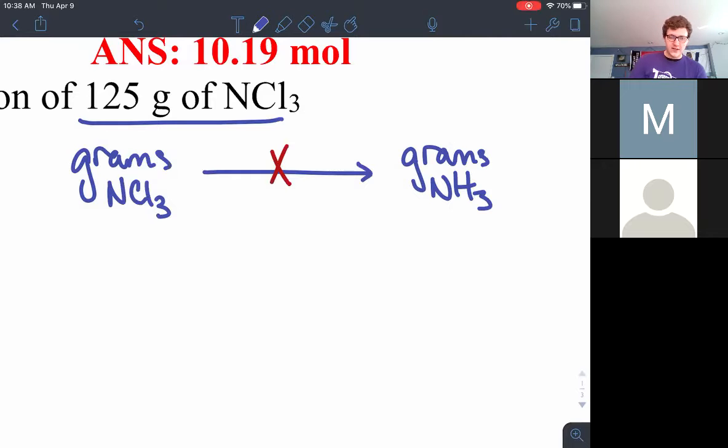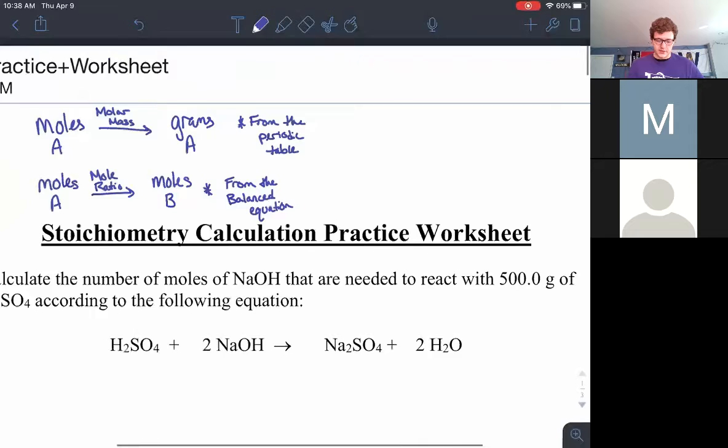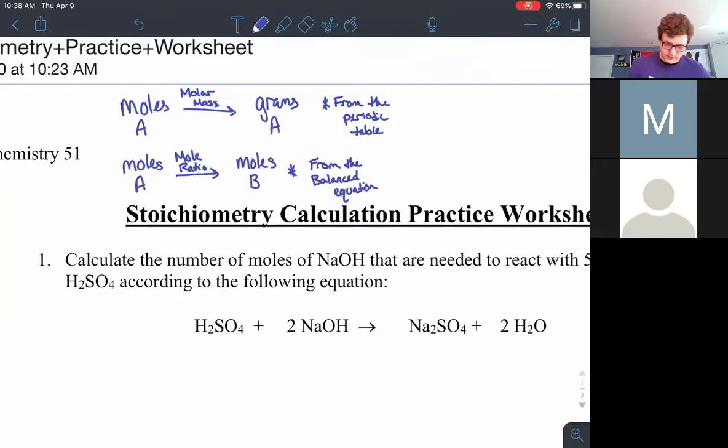So our first step is to go from grams of NCl3. What conversion can we use? The molar mass.